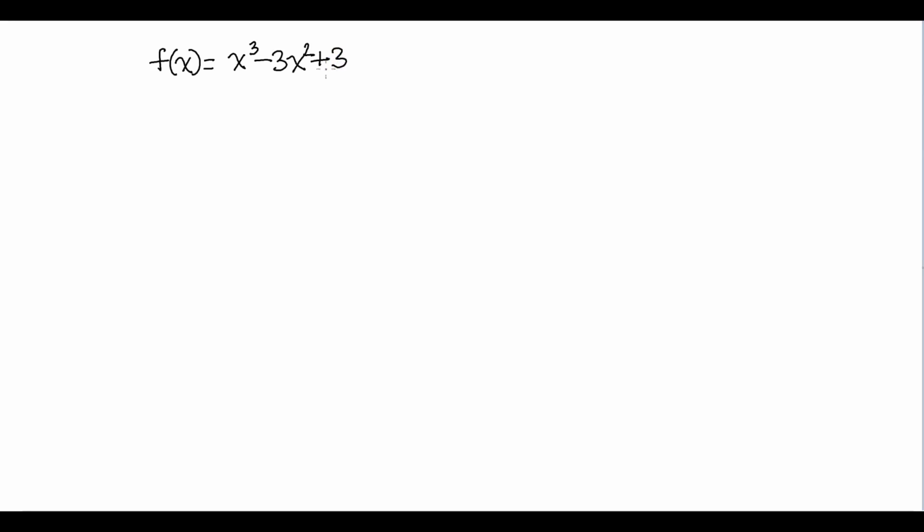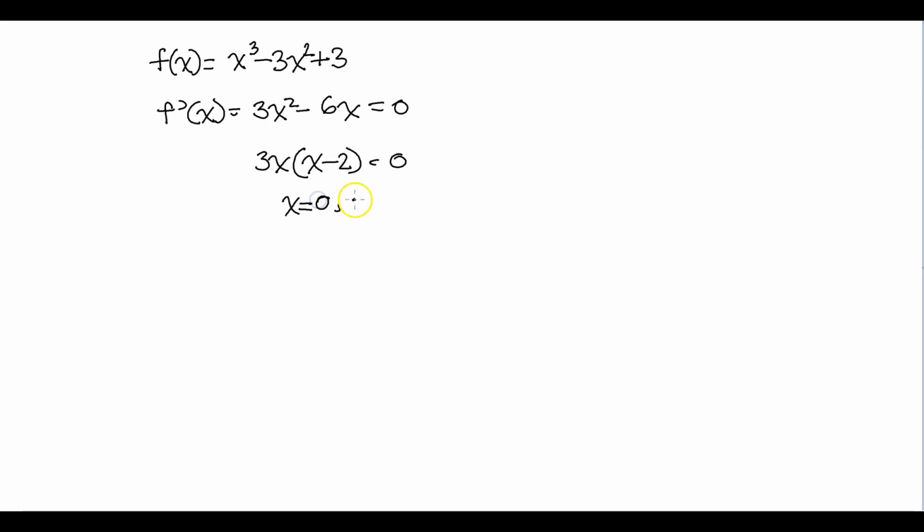Personally, I would prefer the first derivative test since it always gives you results, but the second derivative test is sometimes quicker and cleaner. First we need to find f prime of x. We want to find extrema, so we have to find critical points. So you have 3x squared minus 6x. We set that equal to 0, and if we factor out 3x, we get x minus 2. So we have x equals 0 and x equals 2 as our potential critical points.